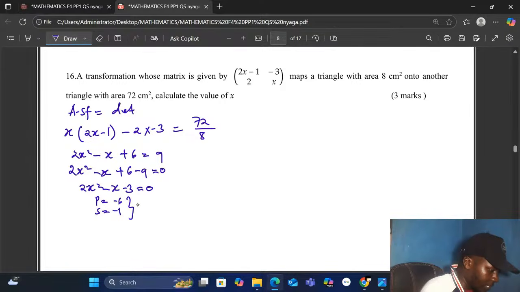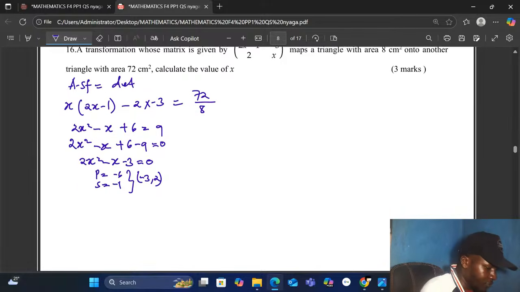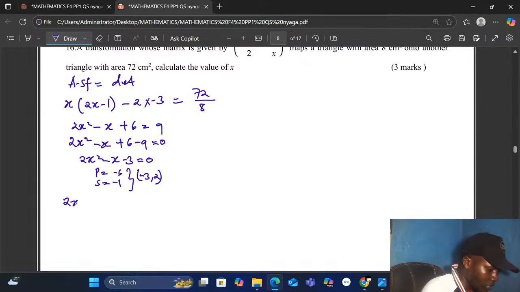So the numbers here will be negative 3 and 2. So that we have 2x squared plus 2x minus 3x minus 3 equals to 0.